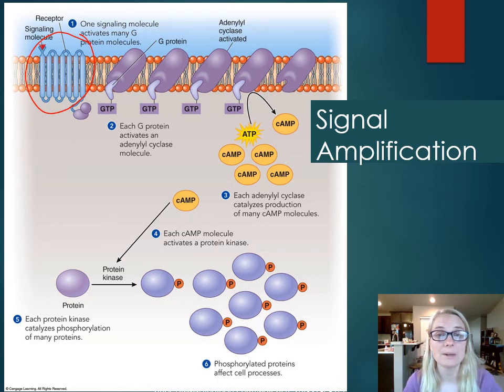Instead of having to stimulate the cell 50 times to get the same amount, you can stimulate the cell 1 time and get a huge response because of the signal amplification. It just depends on what the cell has going to make it sensitive, or the ability to activate maybe 5 G proteins instead of just 1.